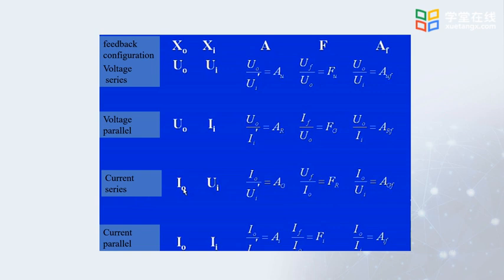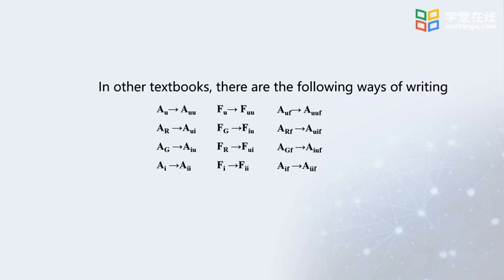So there's AI, AG, AR. When reading these subscripts, remember to distinguish them clearly when you study. Don't confuse them. Here's the table, let's take a close look. There is also data written as follows, for your reference only.